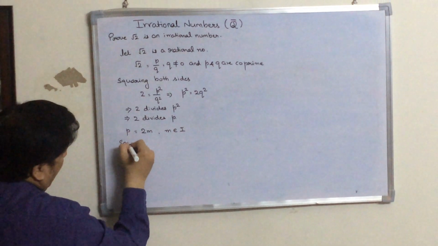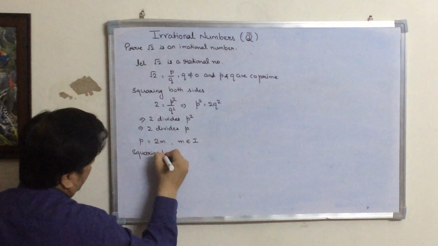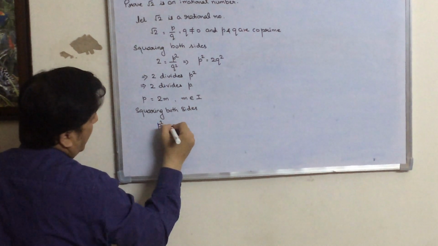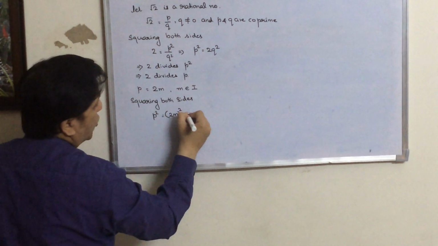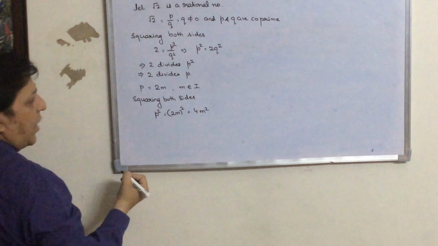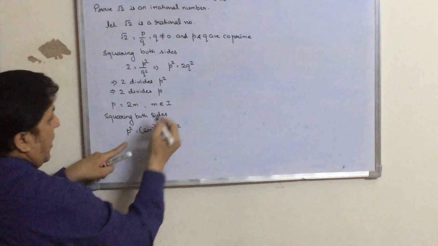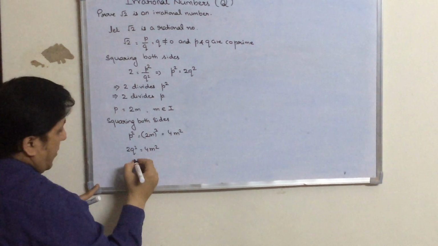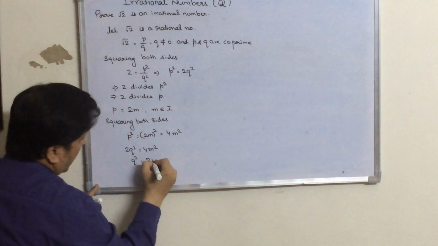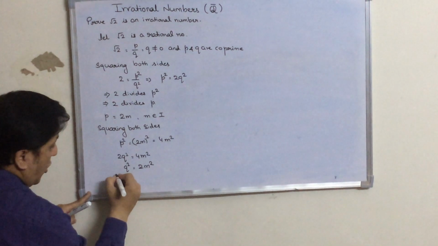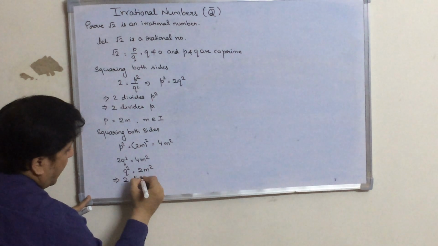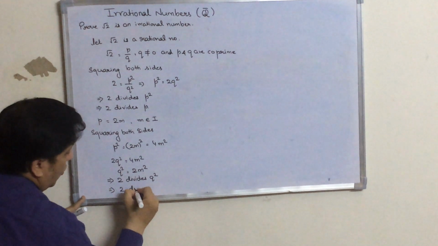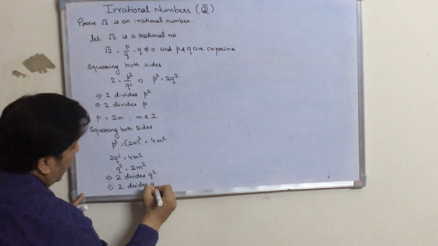Again squaring both the sides, I get P square is equal to 2m whole square, which turns out to be 4m square. Instead of P square, I can write 2Q square is equal to 4m square, or Q square is equal to 2m square. This also implies that 2 divides Q square, which further implies 2 divides Q.